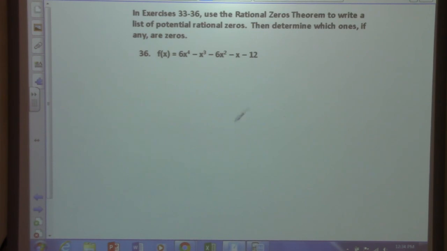On top, I got plus or minus 1, plus or minus 2, plus or minus 3, plus or minus 4, plus or minus 6, and plus or minus 12. And then at the bottom, I got 1, 2, 3, and 6.